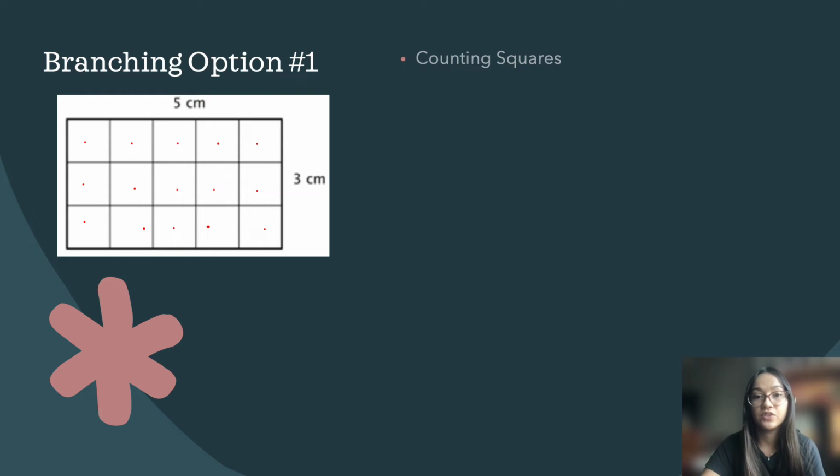And then we can double check our work by using the formula 5 times 3, and we would get 15. The area is the inside. This is why we counted all of the squares once inside the rectangle as a whole.